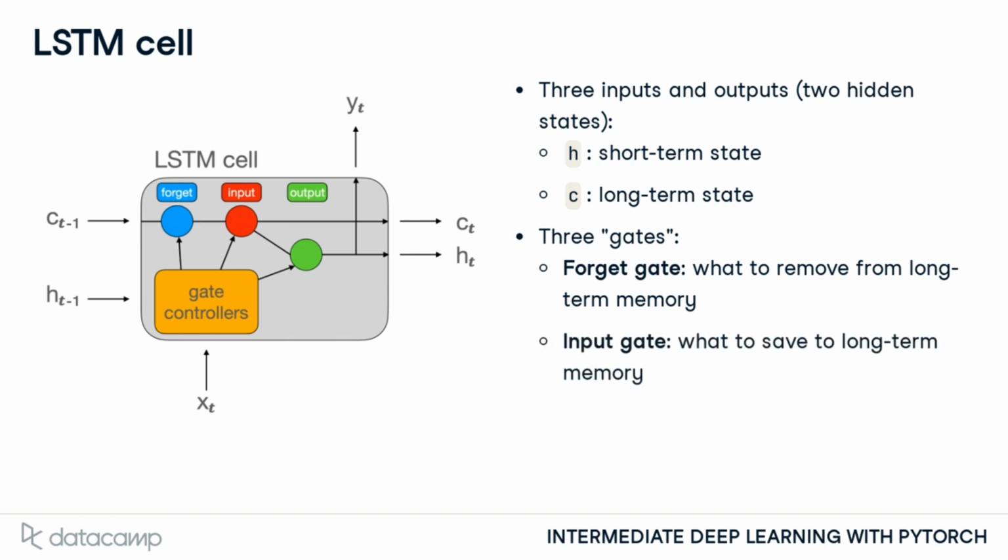Then they analyze X and H and store their most important parts in the long-term memory in the input gate. This long-term memory, C, is one of the outputs of the cell. At the same time, another gate called the output gate determines what the current output Y should be. The short-term memory output H is the same as Y.